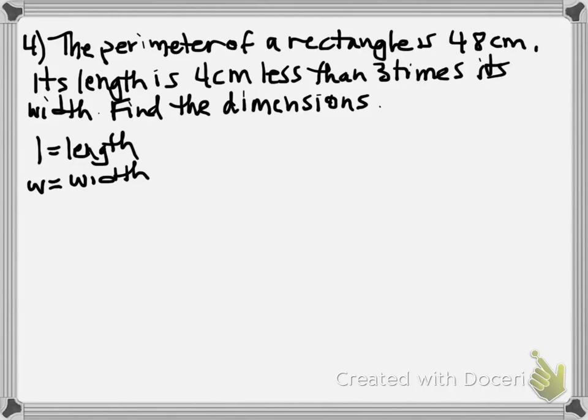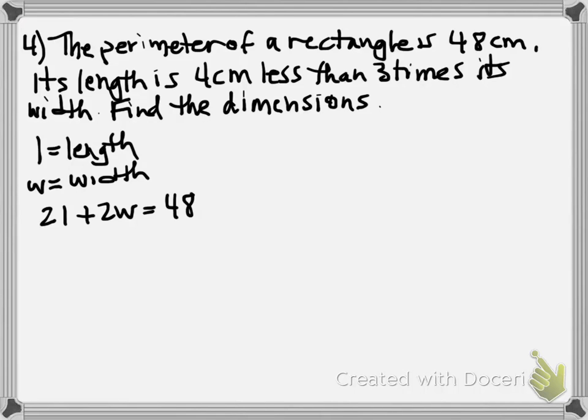What would I write for the translation of the perimeter of a rectangle is 48 centimeters? Ethan L. 2 length plus 2 width equals perimeter. And perimeter is what? 48.